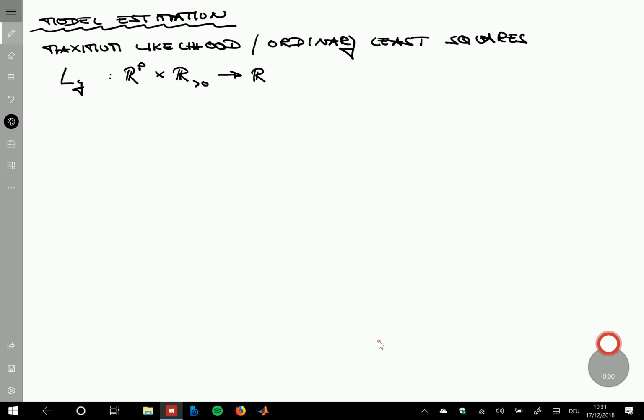So for the GLM, what this means, you take the beta parameter, you take the variance parameter, and let this function return the likelihood of these parameters. That's how one can speak about it, the likelihood of these parameters for a given data point.